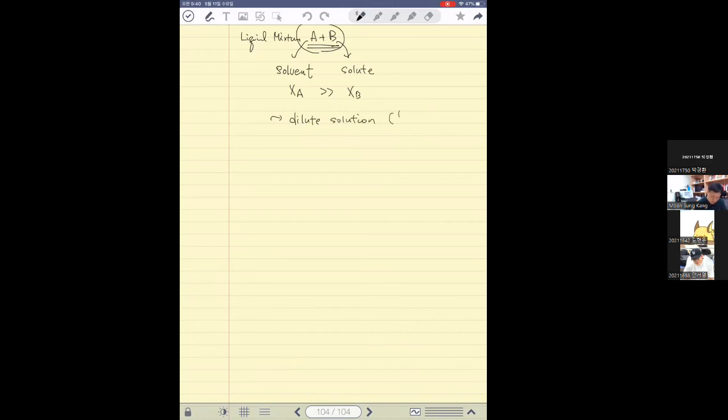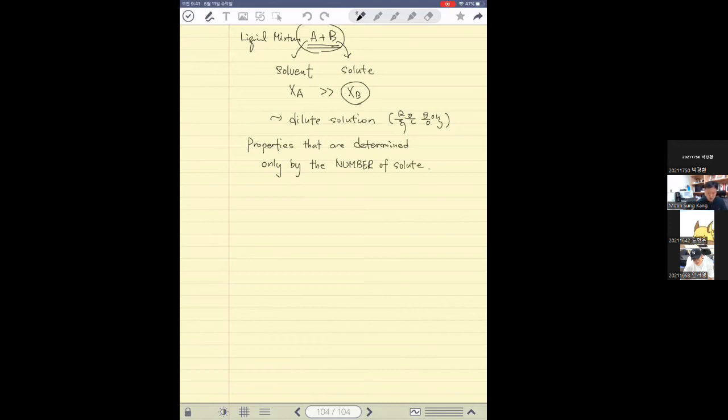because the mole fraction of B is just so small, right? I'm going to describe interesting properties that are determined only by the number of solute.